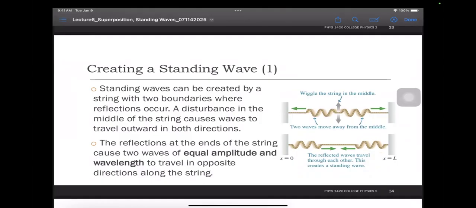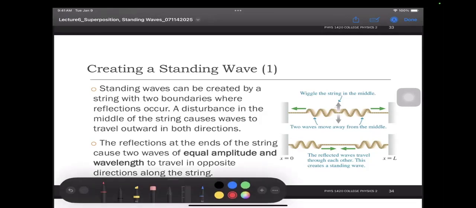Also, a standing wave can be created by a string with two boundaries where reflections occur. If you wiggle the string in the middle, one wave travels in this direction and one travels in the other direction.